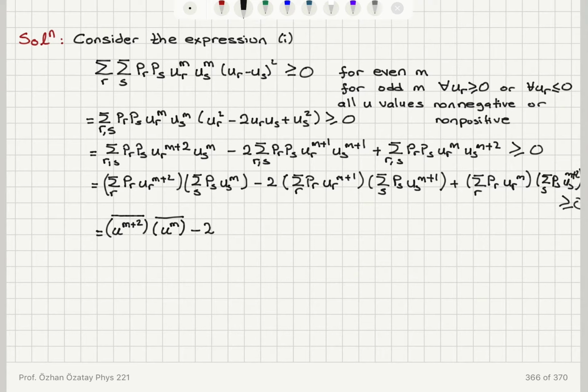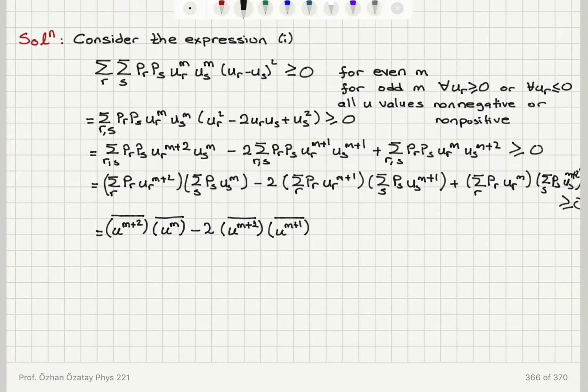Similarly, now it's the same thing for UR to the m plus 1. So this would be U to the power m plus 1 mean value, and then summed over SR or S, it doesn't matter. It's again U to the m plus 1 mean value because we're going over all possibilities.